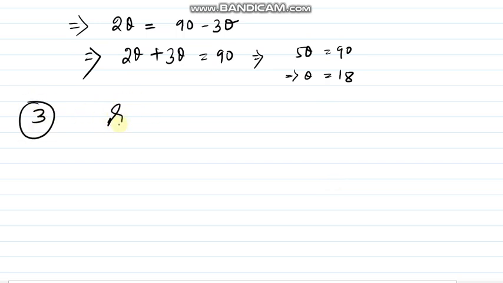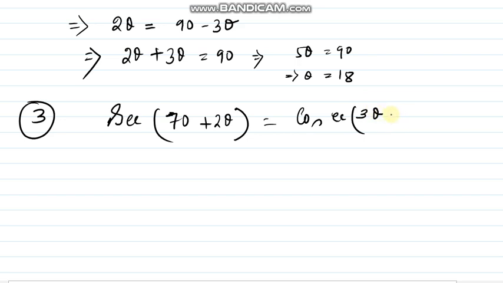Let's practice one more sum like this. cosec of 70 plus 2 theta equals sec of 3 theta minus 50. Given this, you have to find out the value of theta.